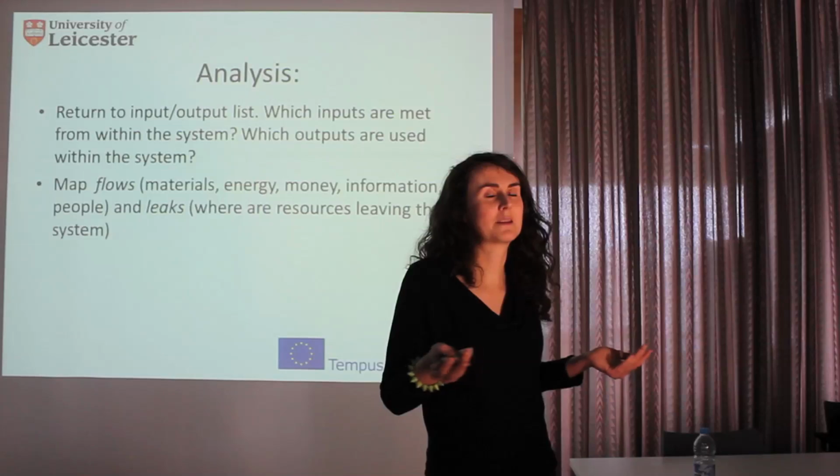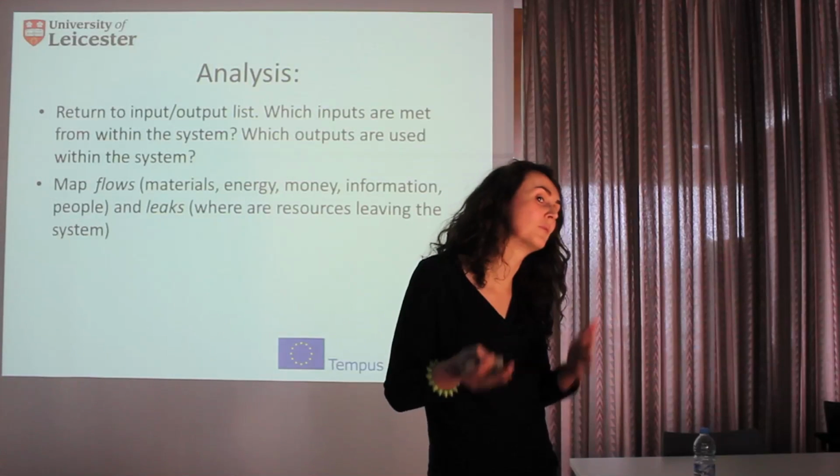Tick the box if the element's need is being met from within the system. If the needs are not being met, think about where they're coming from. And the same with the outputs. Are the outputs of these elements being used within the system, or are they actually becoming a pollution and having to be exported somewhere?